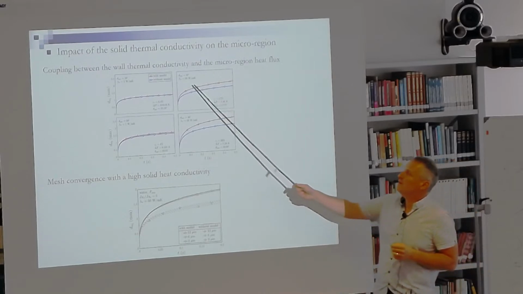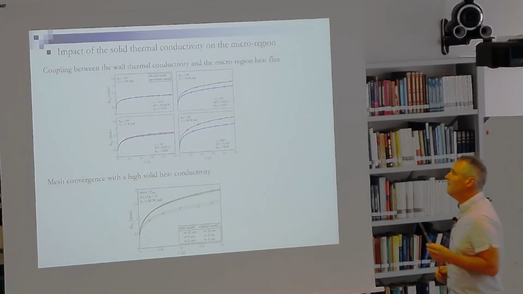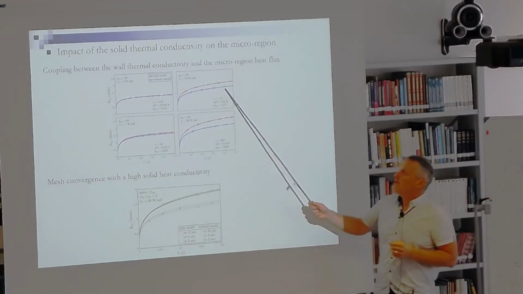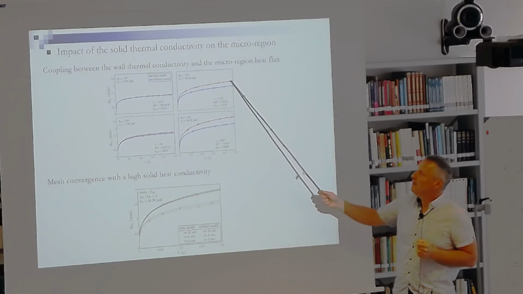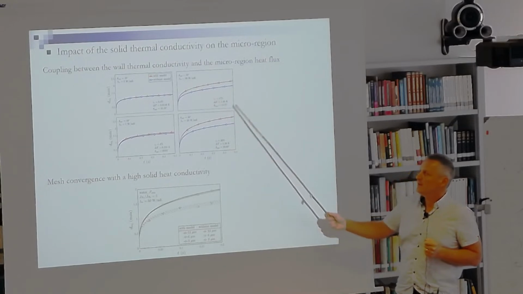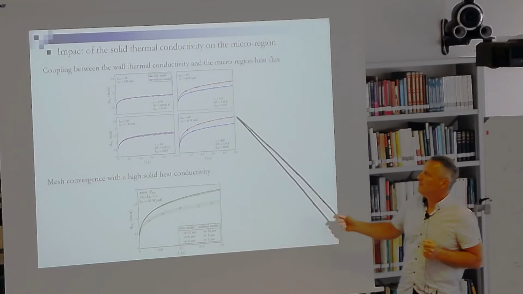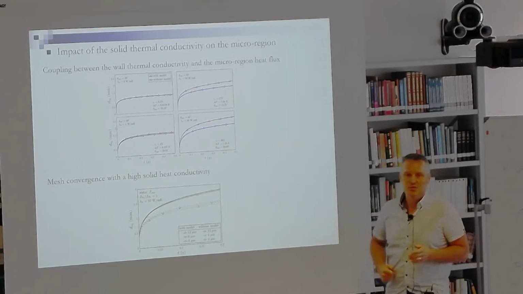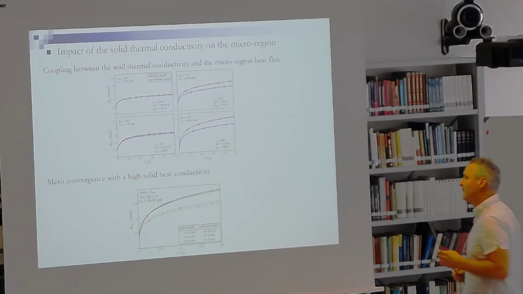In the case where we consider a larger thermal conductivity for the wall, for the solid, we have a much stronger impact of the microregion, as we can see here for low microscopic contact angle and here for higher microscopic contact angle. Here we have some variation of 20% on the equilibrium diameter of the droplet, of the bubble, sorry.